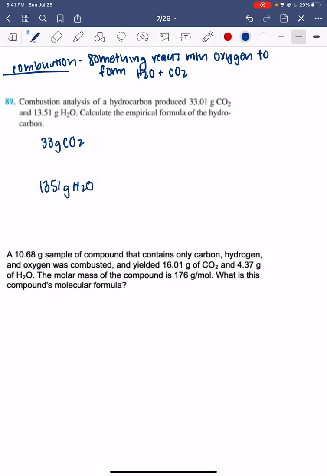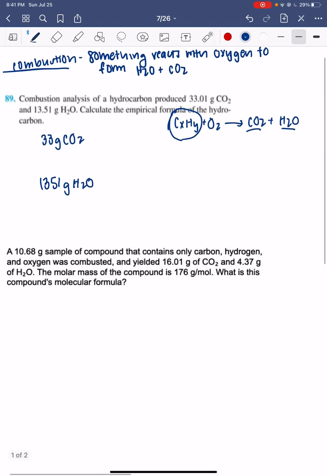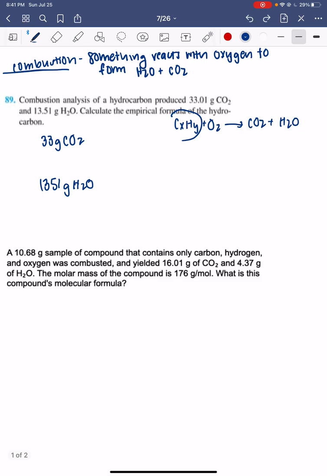If you remember from my hydrocarbon equation I just wrote, we know our products of combustion are water and carbon dioxide. And we can find the product of this hydrocarbon by tracking backwards from the amount of CO2 and H2O produced.